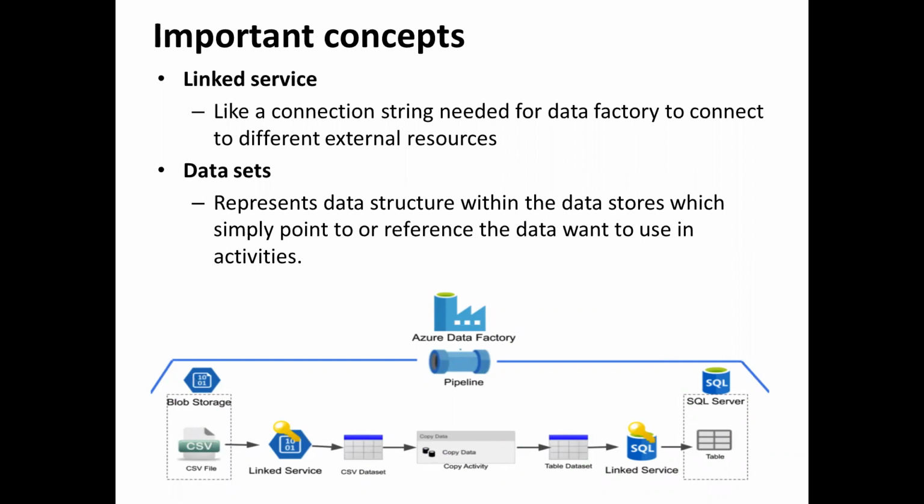You need to temporarily store the data somewhere, right? It cannot happen on the fly. You need compute power to process the data and move the data from A to B. So that's where the integration runtime and the compute infrastructure are required.